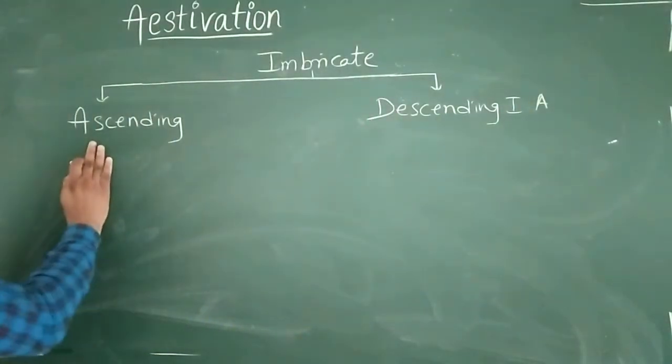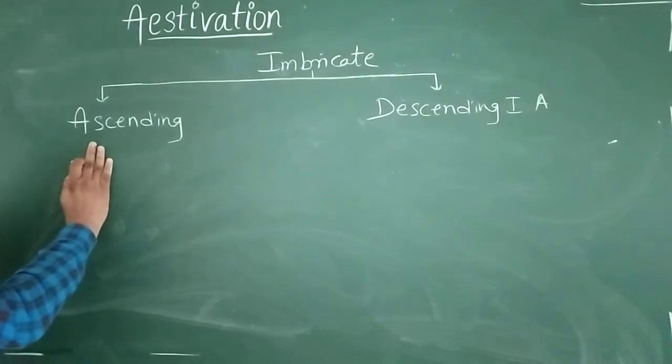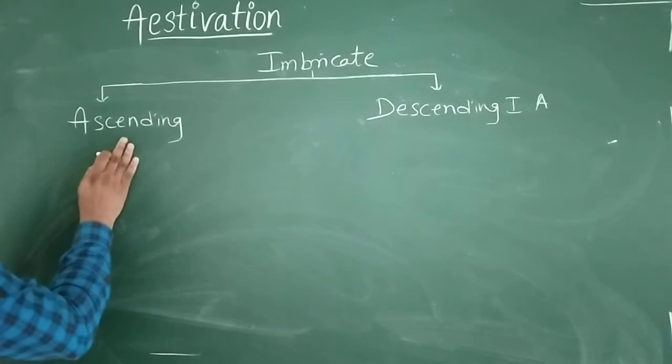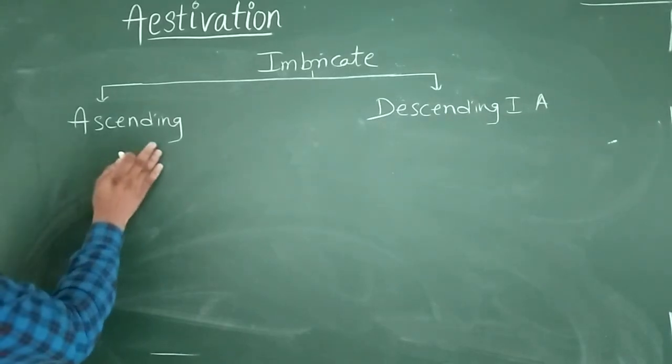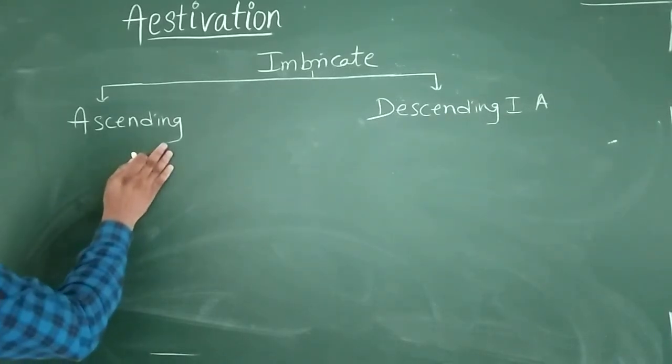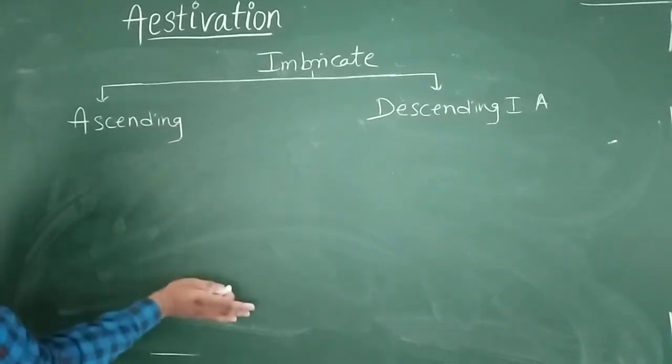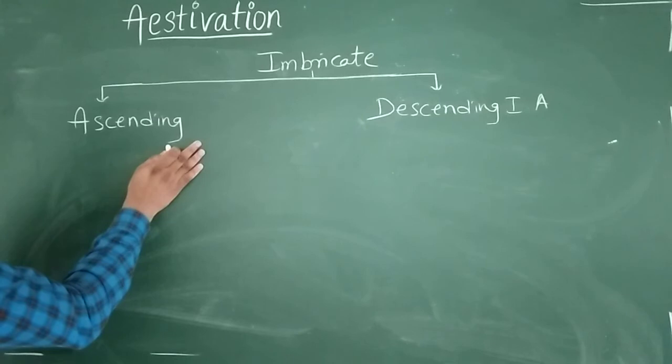What is the ascending imbrication? Here the arrangement of sepals and petals are overlapping from the anterior to the posterior.